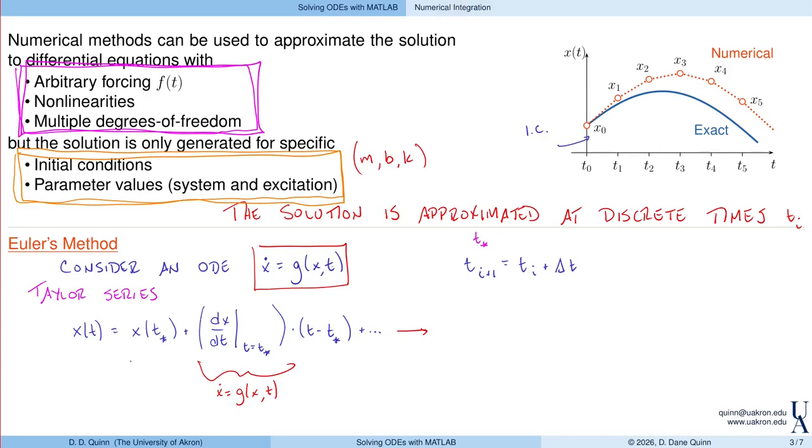then my Taylor series approximation becomes x of t I plus 1, the new time, is equal to x of the old time, which will start at ti, plus now the slope or the derivative, but that comes from the differential equation. So basically g of x, and again, this is evaluated at ti.